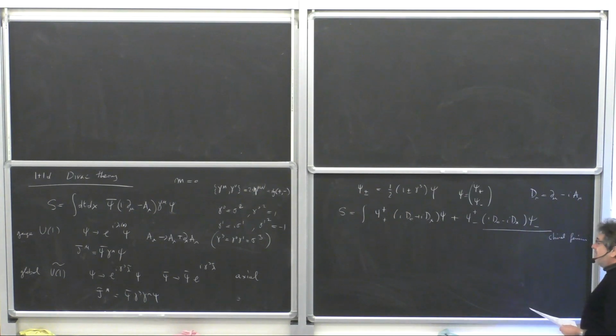More precisely, chiral fermion would be the one in 4 dimensions, but we adopt the same name here.